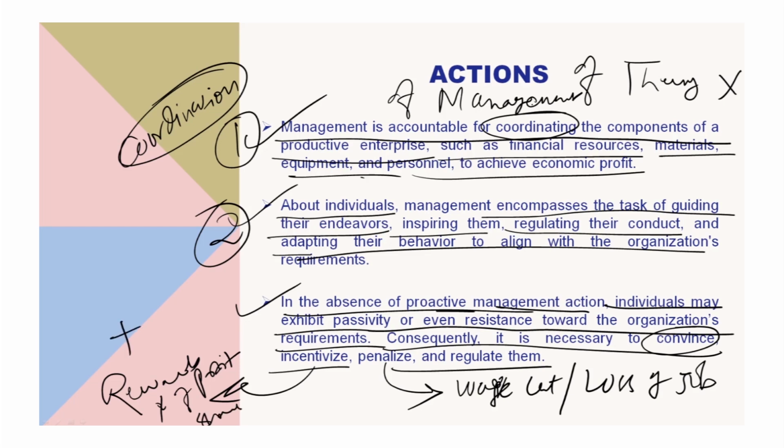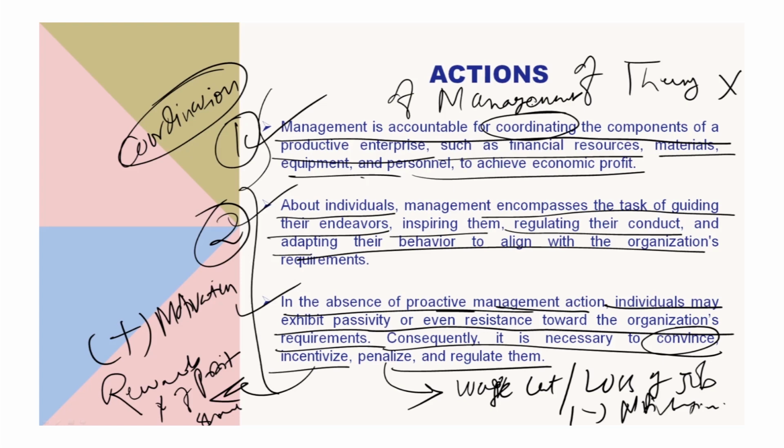This is positive motivation, which we discussed in the last session, and this is your negative motivation as we discussed in the last session. So, it is on the part of the management what action they should take with respect to the employees under Theory X.